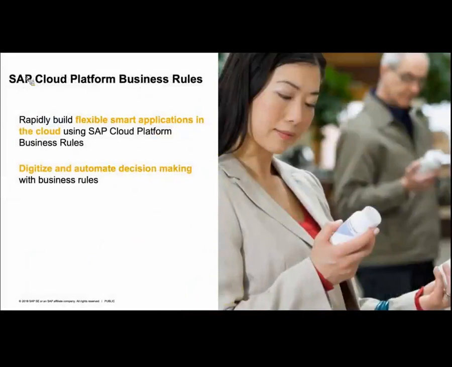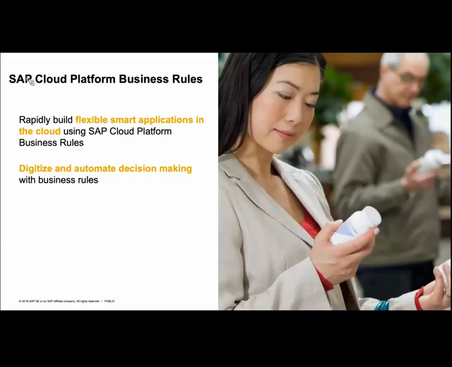So what is business rules and why is there a need for such a service in the cloud? As the name conveys, SAP Cloud Platform Business Rules is a business rules management technology in the cloud, and it can be effectively used to manage and integrate your business decisions in cloud.